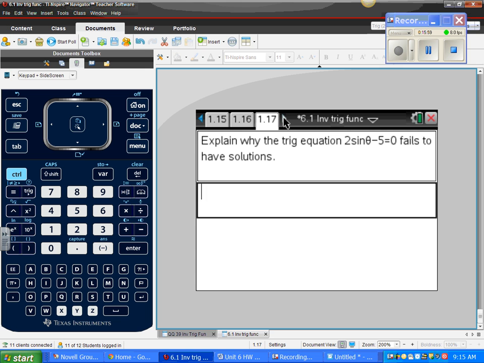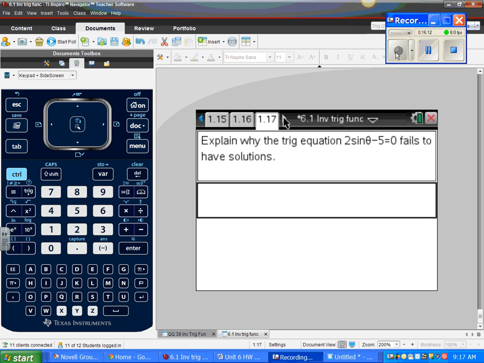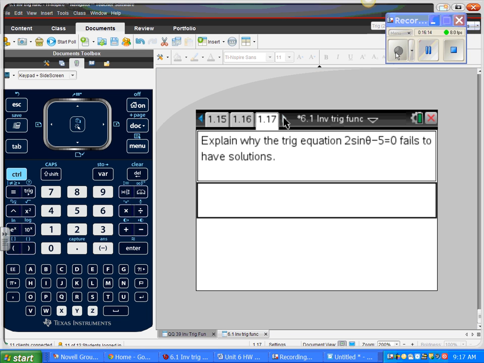Yeah. Okay. So I want you to go ahead and try this one. You're going to notice something happens. See if you can describe to me why we don't get any solutions for this equation. Okay, so when I solve this out, I wind up with sine theta equals 5 halves, right? What's 5 halves? 2.5, right?